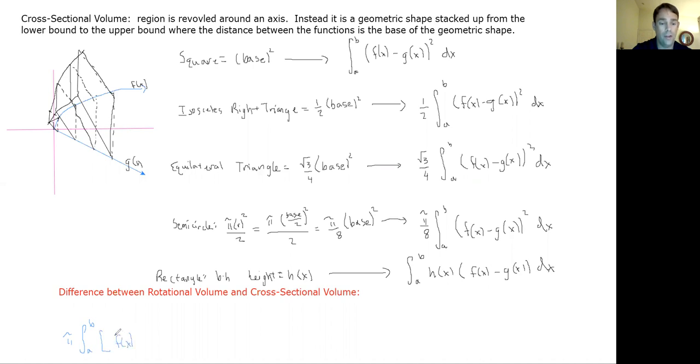Now I'm not counting the axis here. Function squared minus some function squared. If it's cross-sectional, then it's going to have some sort of constant in front, unless it's a square, in which case the constant is 1.